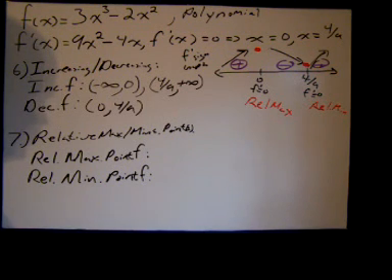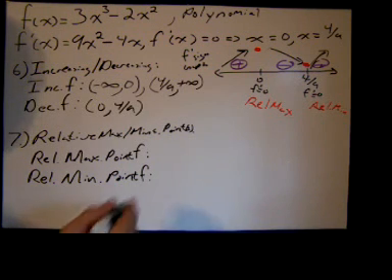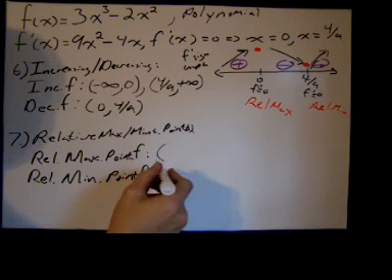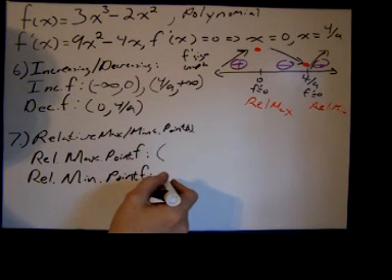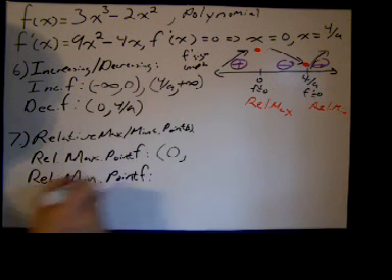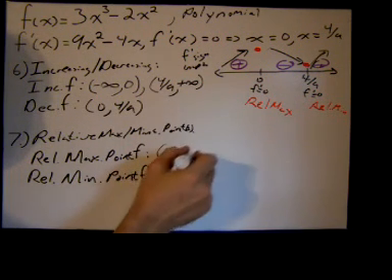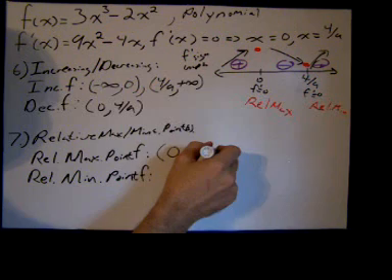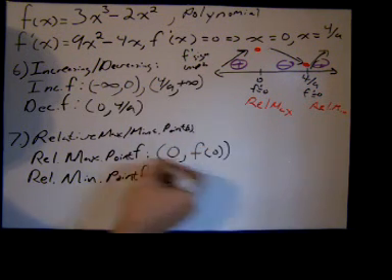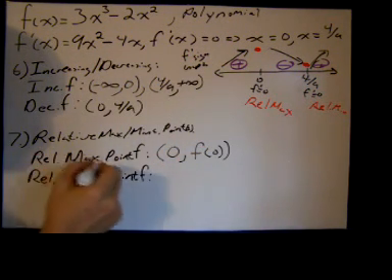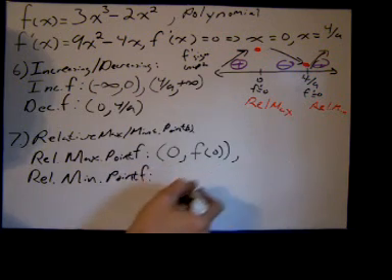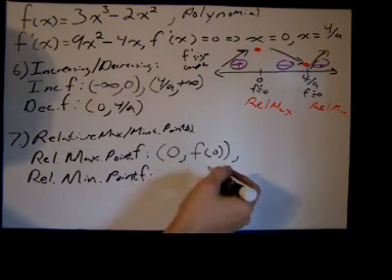But our relative maximum point is the first one I have labeled here, and I'll actually calculate it. I'm not going to be lazy. It's at 0, f of 0, and again, I call it the relative max point. That's why I'm giving you a point. Its coordinates are x, y.